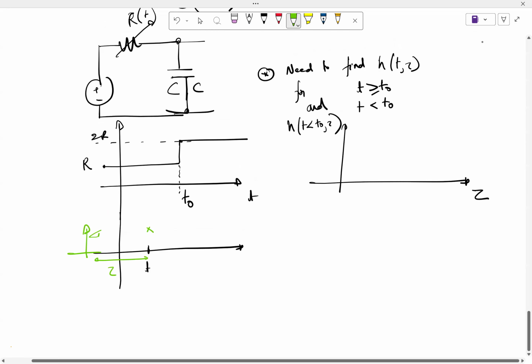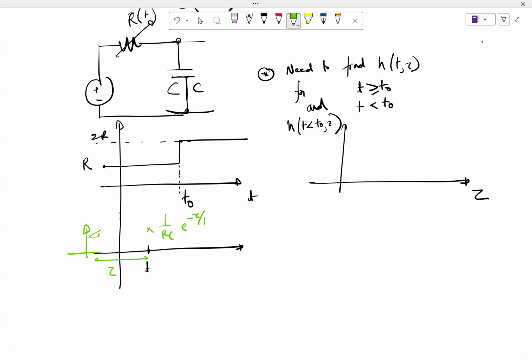What will that output be? Simple. Tell me. 1 by RC e power minus tau by RC, right? So your h of t less than t naught, tau is the same as whatever we knew earlier. So it will simply be this. No complication, correct? There is no effect of t at all, which makes sense because the system hasn't changed, right?